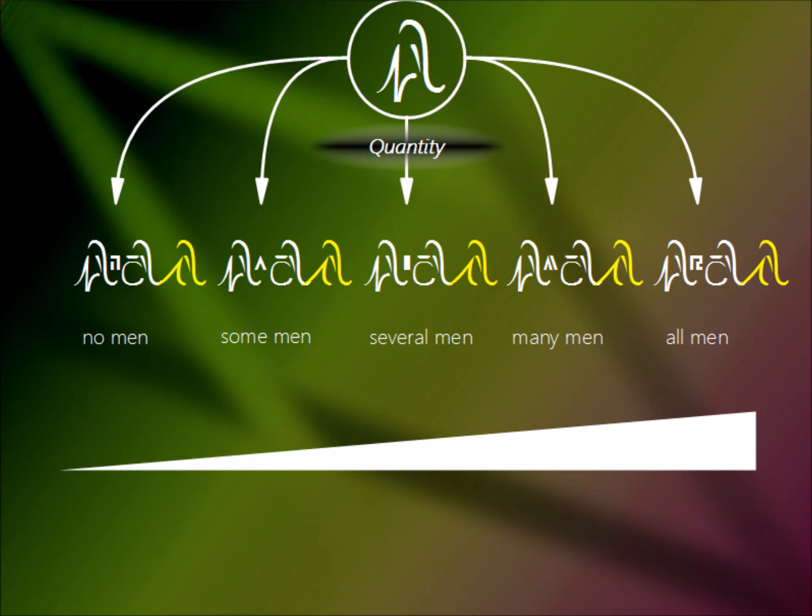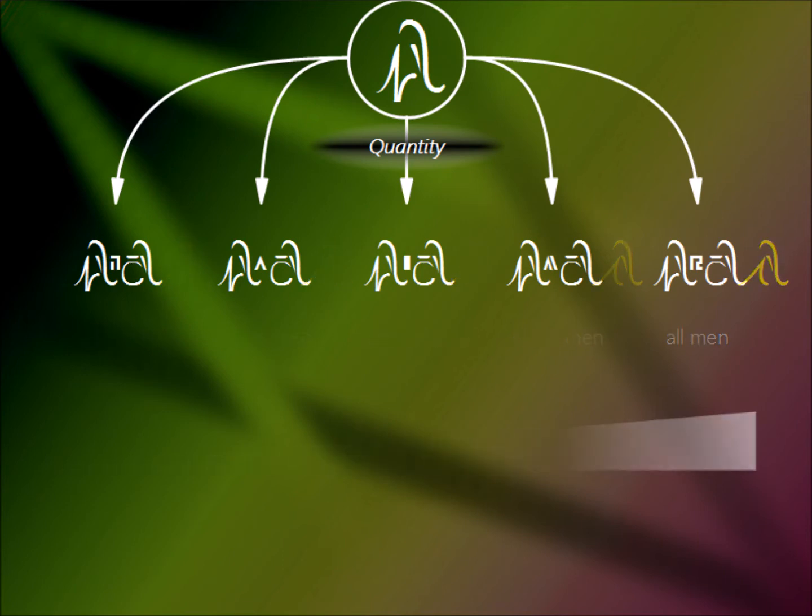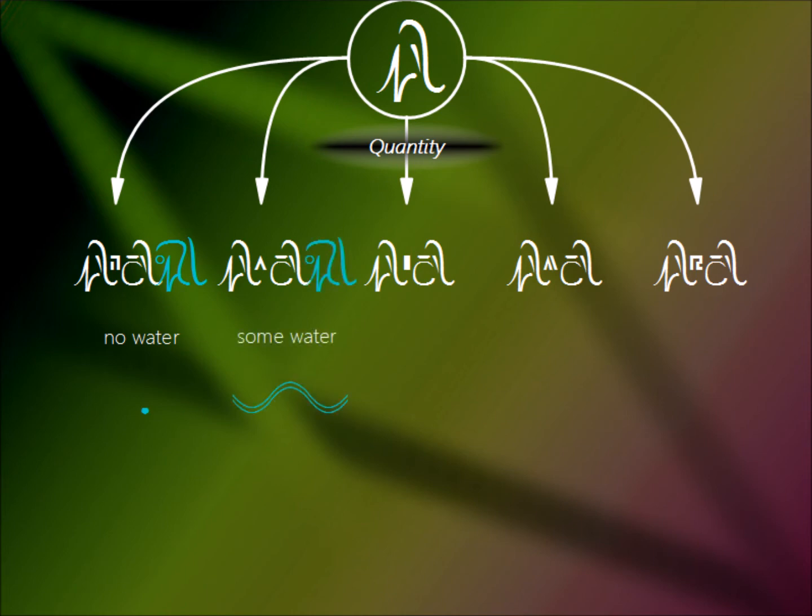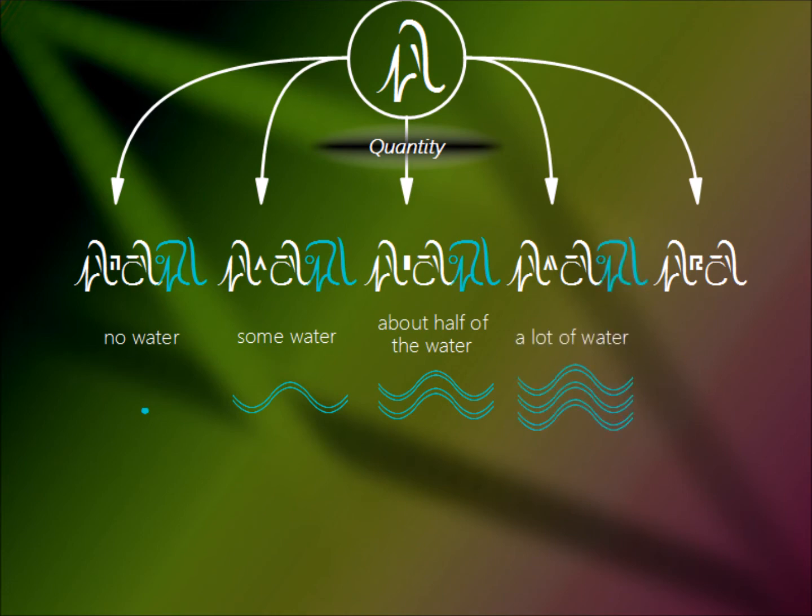While the word man is countable, Ælis also applies this system to non-countable words. Let's use the root word goe, meaning water, as an example. Ka'ara goe means no water. Ka'aira goe means some water. Ka'era goe means about half of the water. Ka'ira goe means a lot of water.